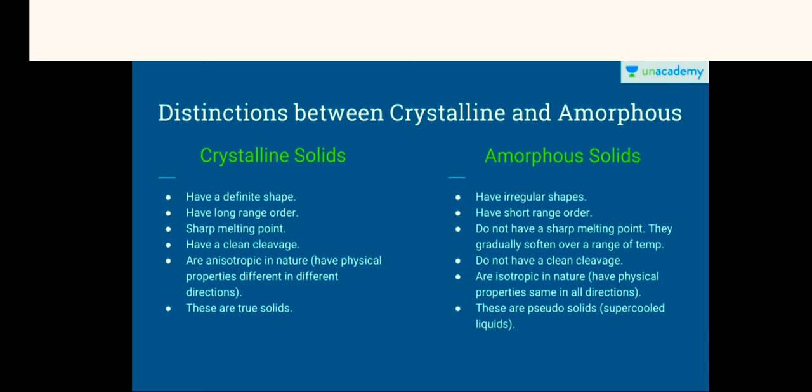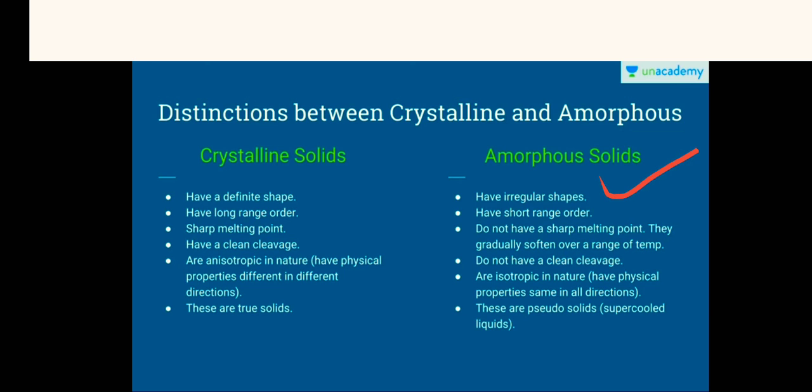We have now studied the entire crystalline and amorphous solids. Let's arrange the points as differences between the two. Crystalline solids have a definite shape, which is the first point we studied about them, whereas amorphous solids have an irregular shape.